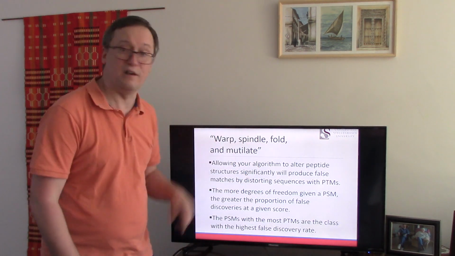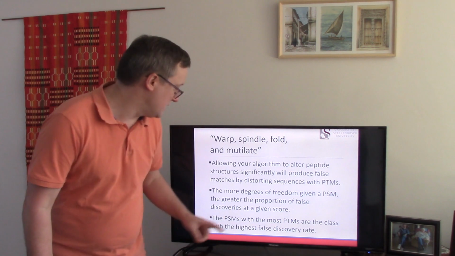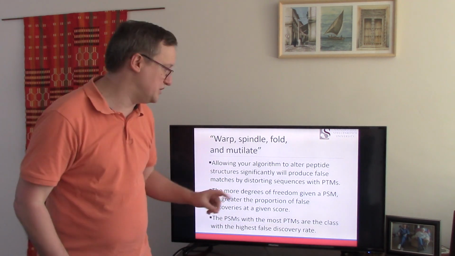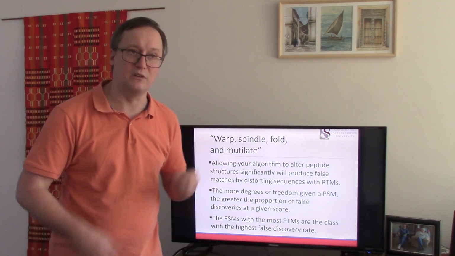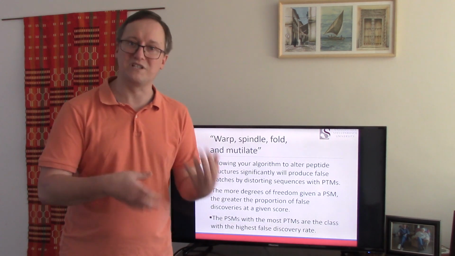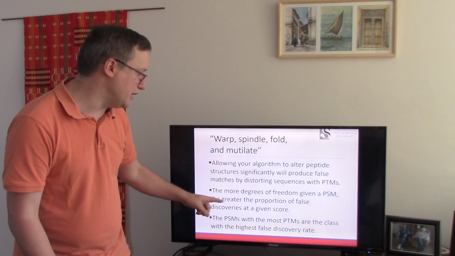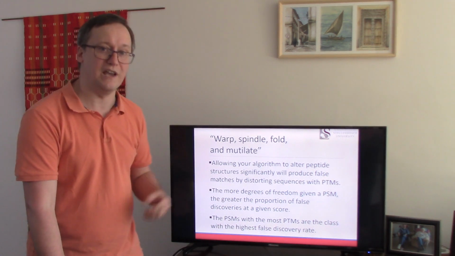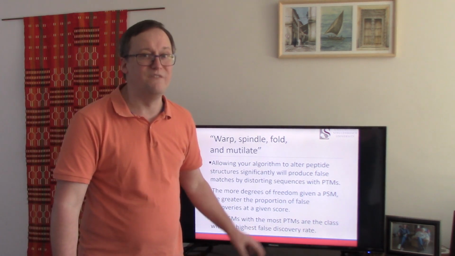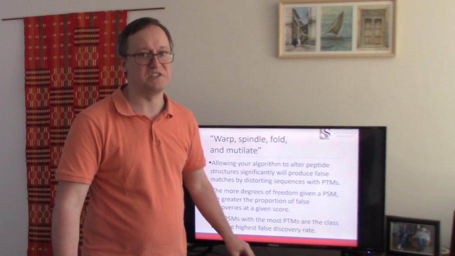That is the crux of warp, spindle, fold, and mutilate. The more degrees of freedom that you give a peptide spectrum match, the more flexibility the software is allowed in forcing a peptide sequence to match to a spectrum, the greater the proportion of false discoveries at a given score. It's very, very hard to beat that kind of principle.